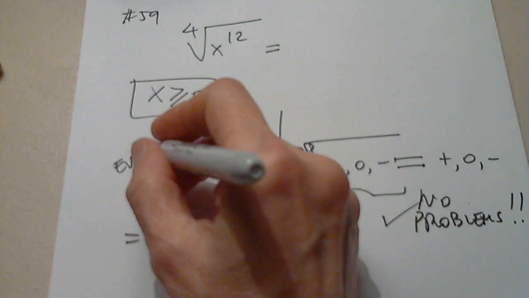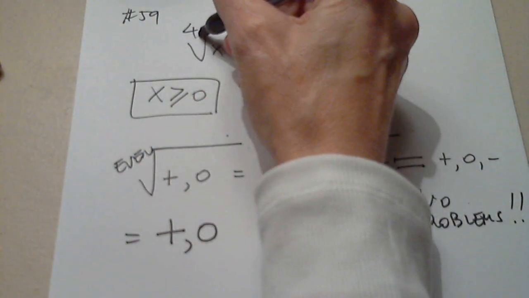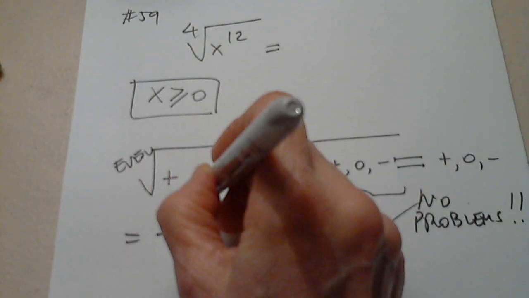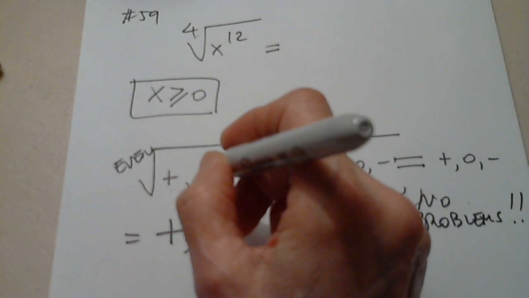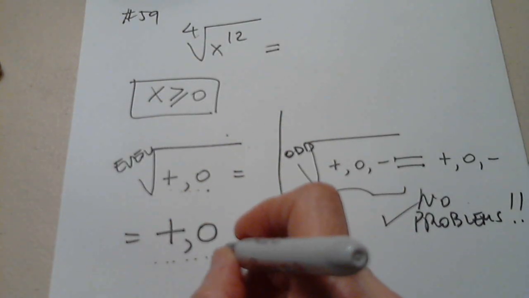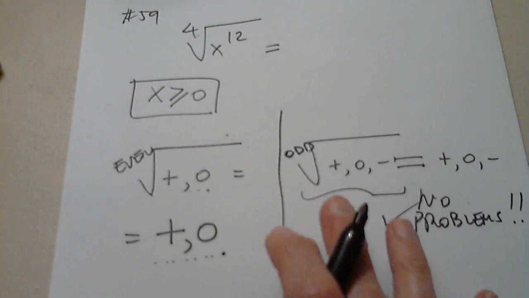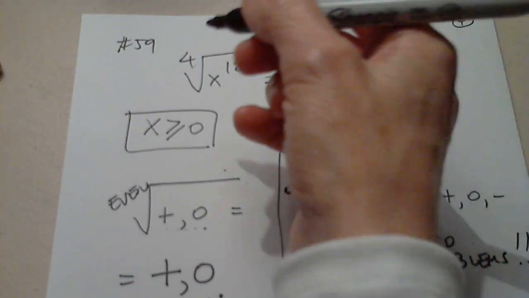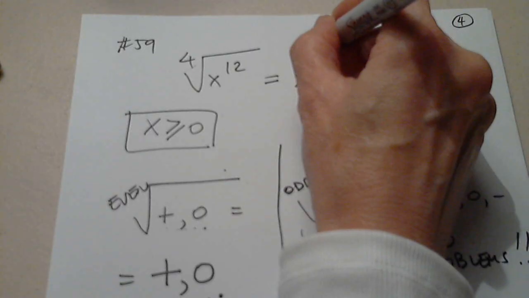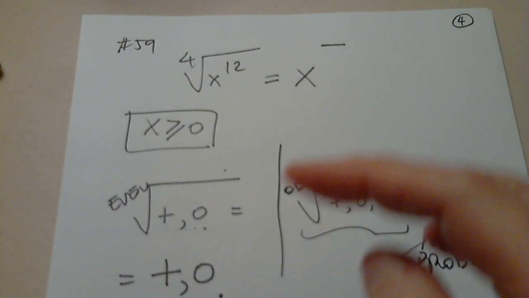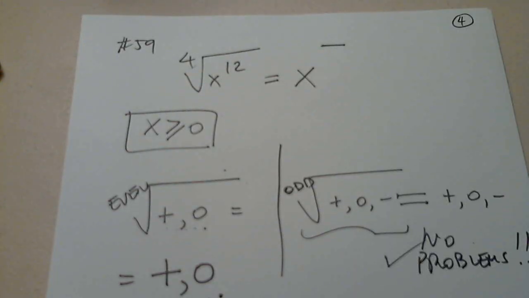So anything like the fourth root, the square root, the sixth root, the quantity underneath has to be positive or zero, and the answer has to be positive or zero. Mandatory. So when I write x, I see it's a radical, so then the power of x has to be a fraction. And now we have to identify the numerator and the denominator.